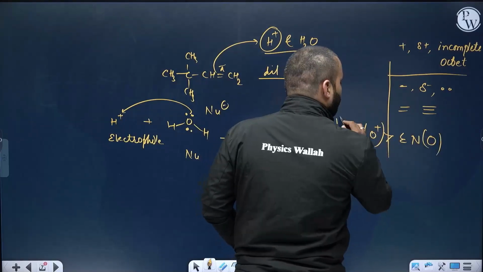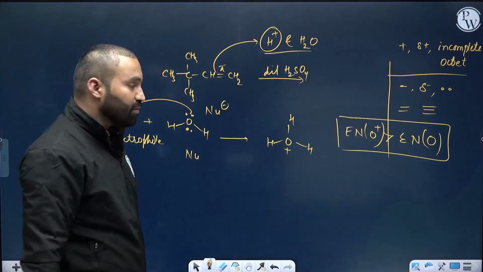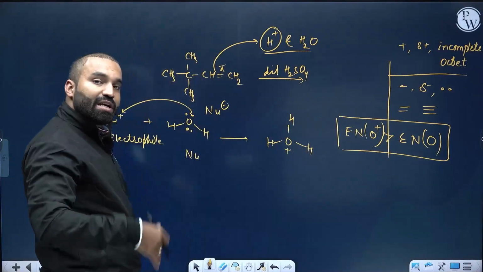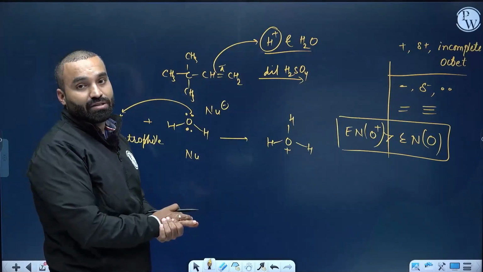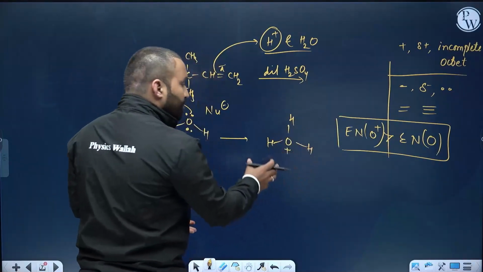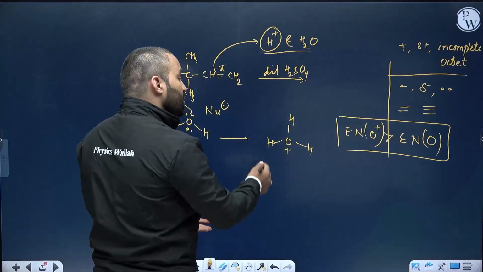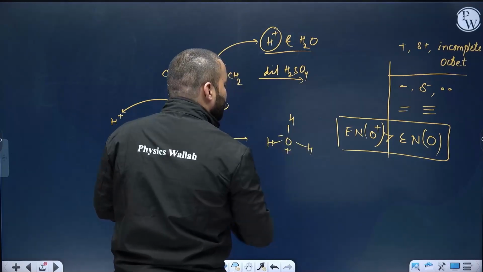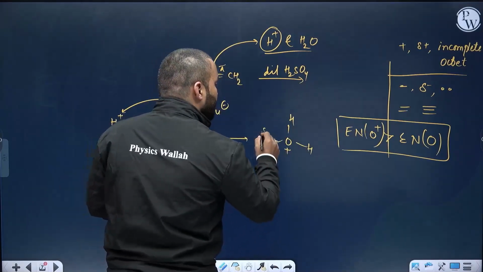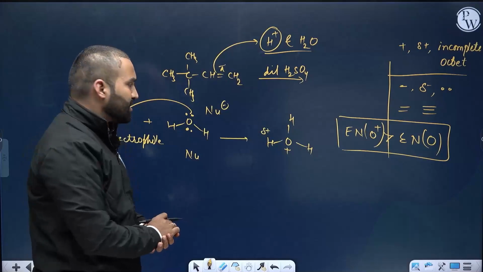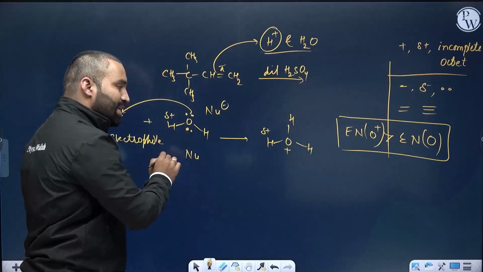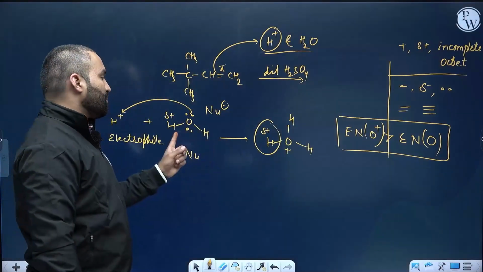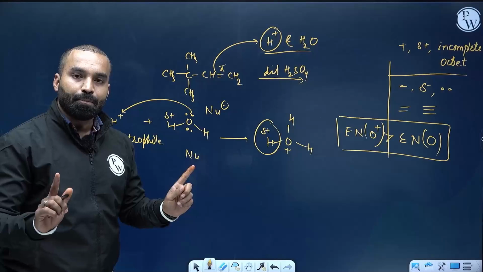This is of very great use in organic chemistry. We protonate an atom, making it positively charged, to increase its electronegativity and facilitate some reactions. Now positive oxygen is going to take away the electrons from the nearby hydrogens. These three hydrogens are attached directly to it. What will happen? The hydrogen will give away its electron density via the sigma bond and generate a huge amount of delta positive charge. This delta positive charge was there also, yes, but the amount of delta positive charge here is much higher than in neutral water. Is this much clear?